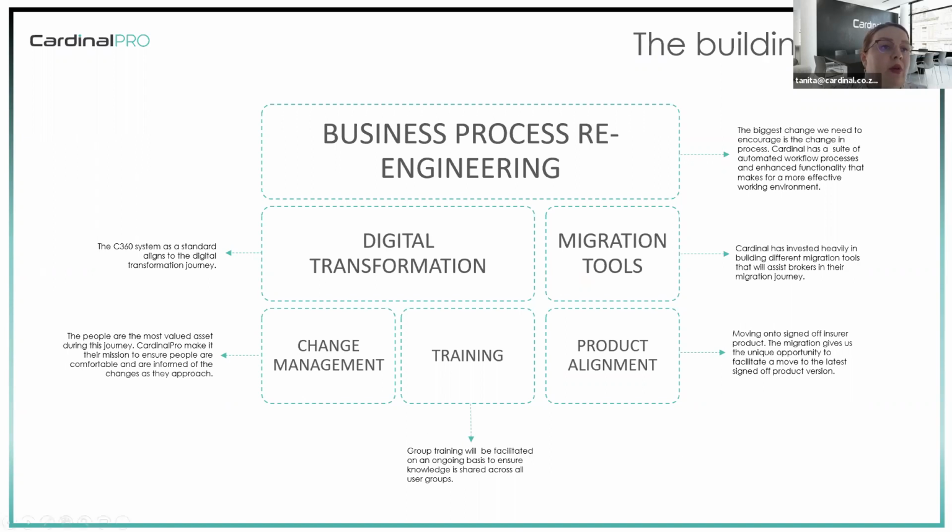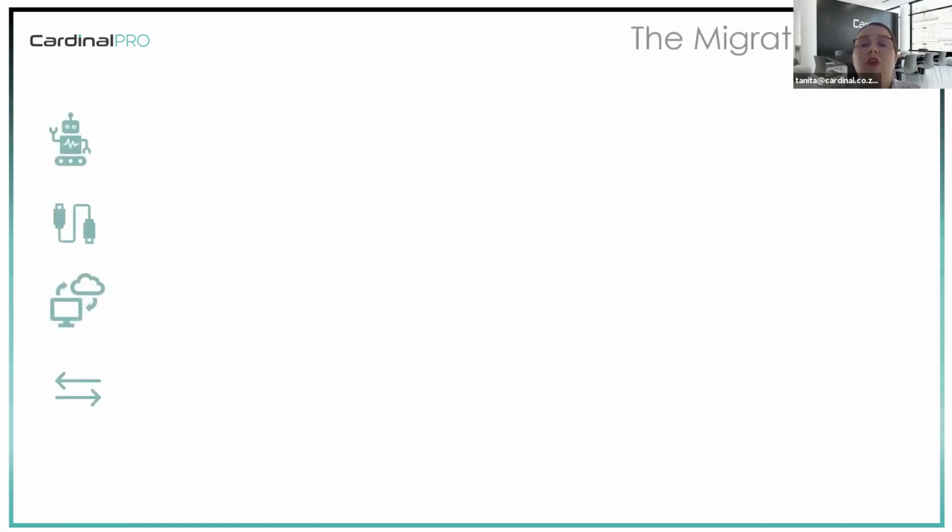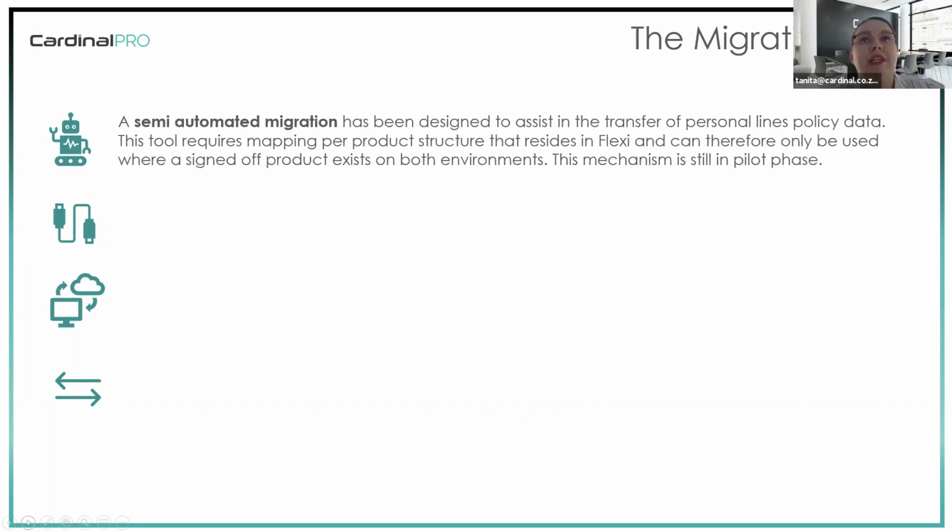Okay, let's discuss the migration tools. So Cardinal have invested heavily in building migration tools that can allow us to assist the brokers during their migration. Even though there is no fully automated migration process that exists currently, we have built a semi-automated process that is designed to assist with the transfer of personalized policy data.